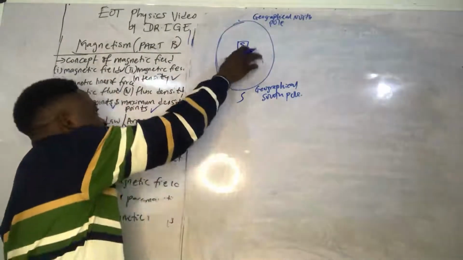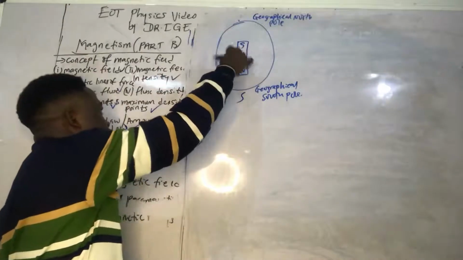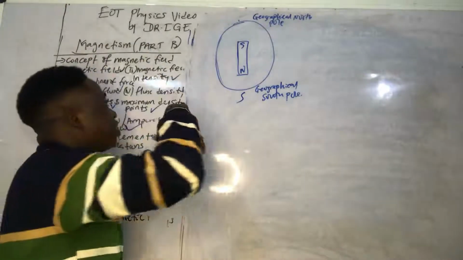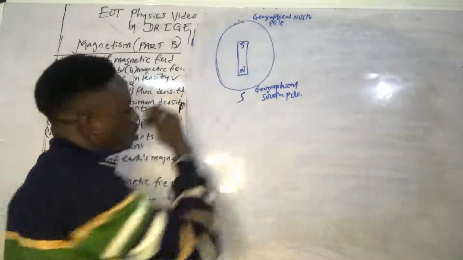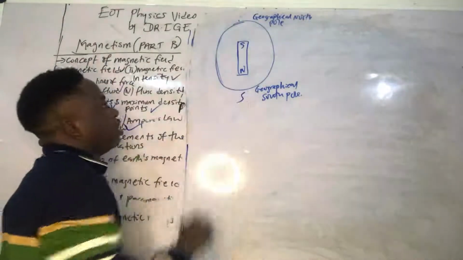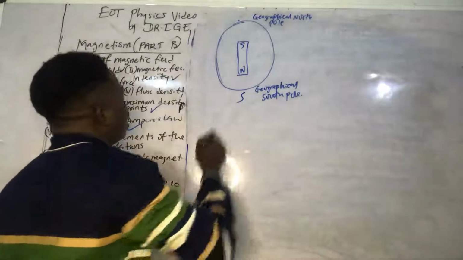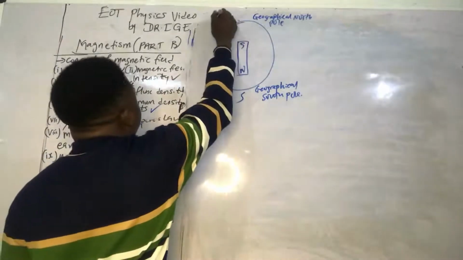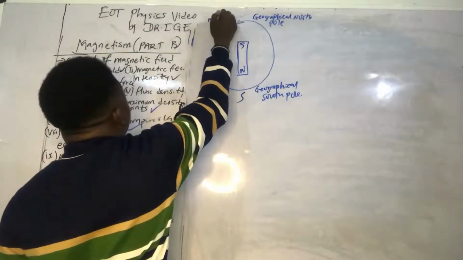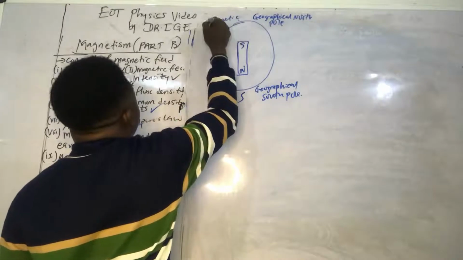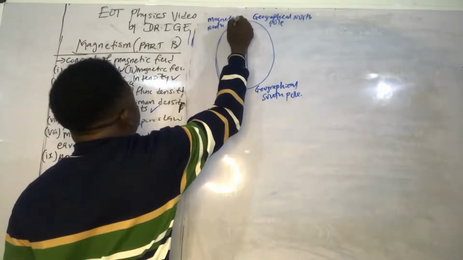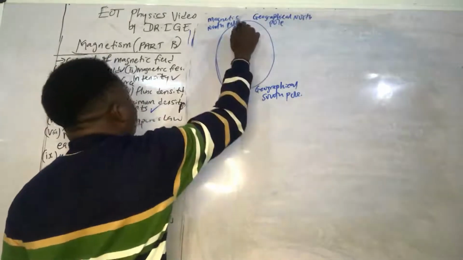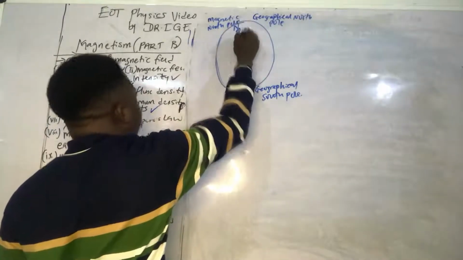The only reason this magnet is still here and does not fall is because there is something attracting it here, that is holding it. Also, same thing here. So with that assumption, that shows that we also have the magnetic north pole situated along this path.